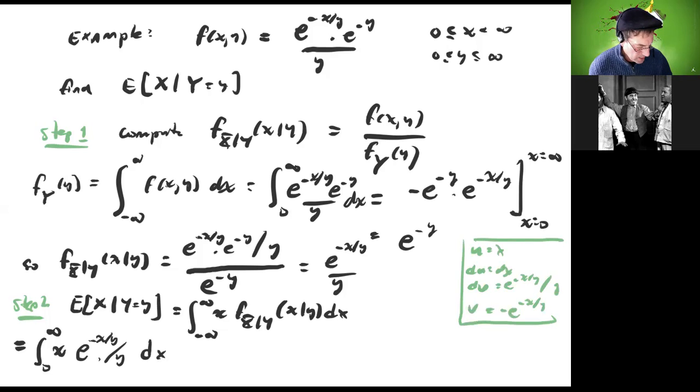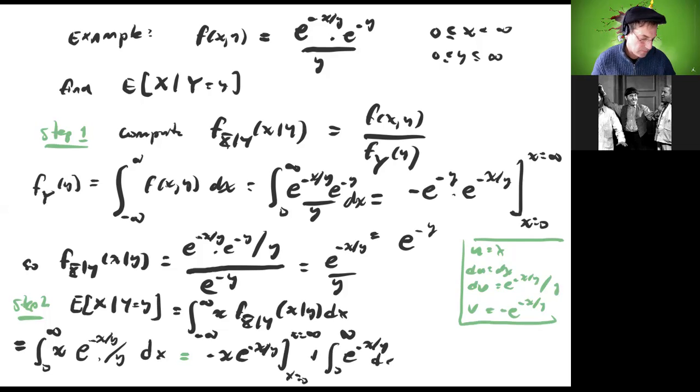So if we do that, we get the integration by parts. It becomes minus x e to the minus x over y from x equals 0 to x equals infinity, plus the integral from 0 to infinity of v du, which is e to the minus x over y dx. Okay, so you can evaluate this.